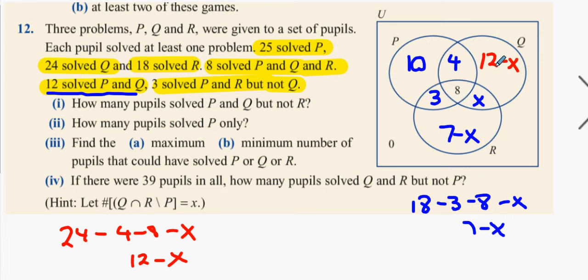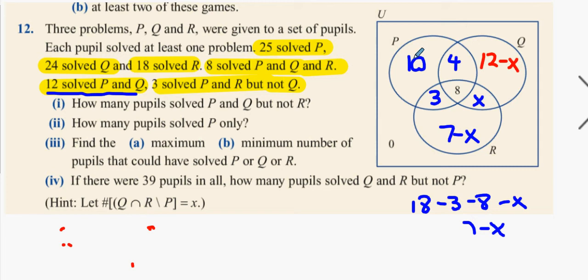Now, how many pupils saw P and Q but not R? P and Q, not R. If we just add them together, it works, doesn't it? So look, what's plus X?